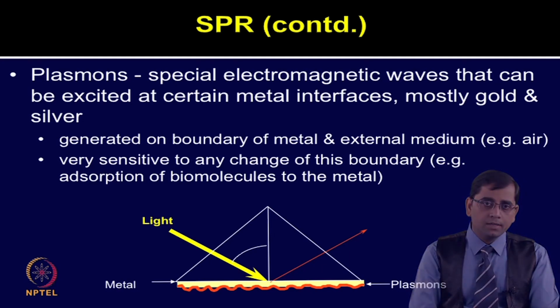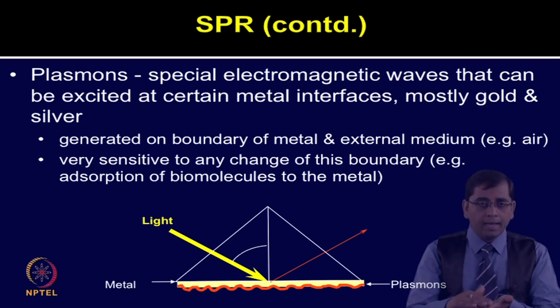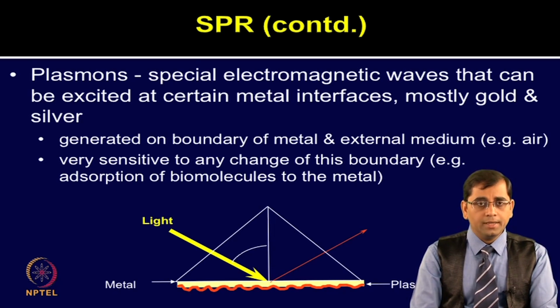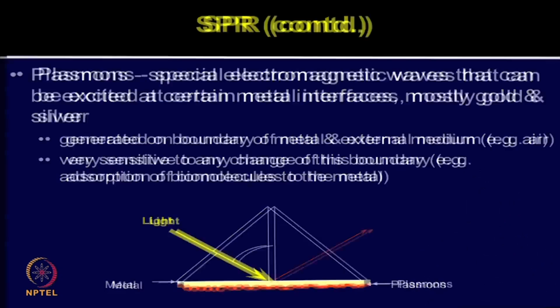From that interface, the plasmons are created when the light energy from a polarized incident photon is coupled into the oscillation mode of free electron density, which is present in the metal film. From these gold surfaces, these plasmons are generated at the boundary of metal and external medium, which is usually air. These are very sensitive to any changes on this boundary, like adsorption of biomolecules to the metal.